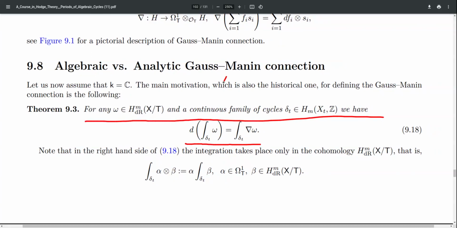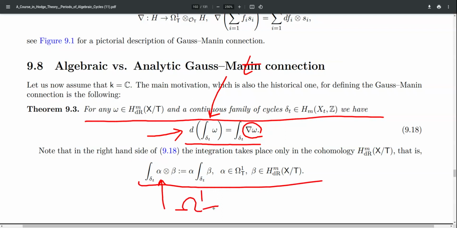These integrals will be holomorphic functions in T, so we can take their differential, and the differential will be the integral of the derivative in T of the value over omega, remembering that the integration is not taken in the Omega^1_T part, these are just constants, and it is taken in the cohomology bundle part of the element.